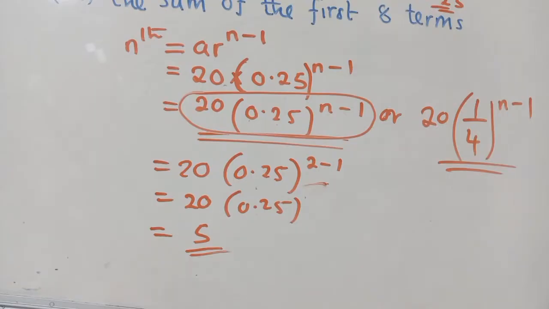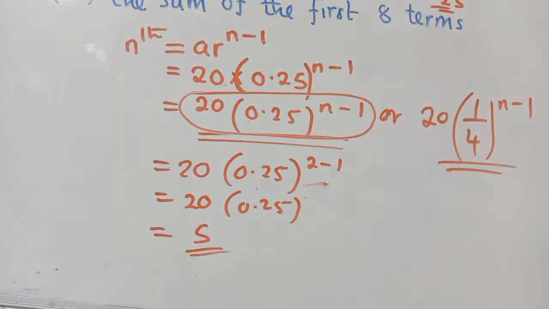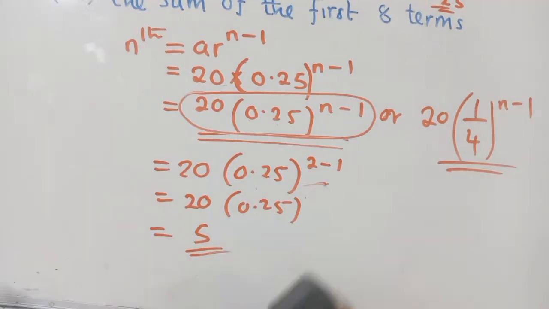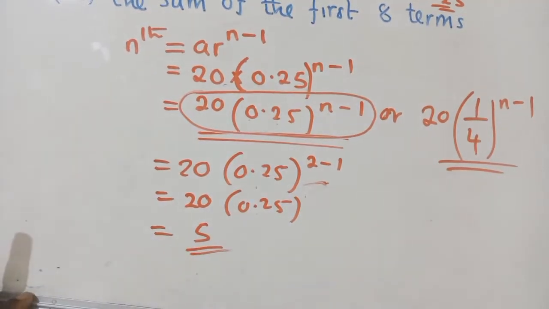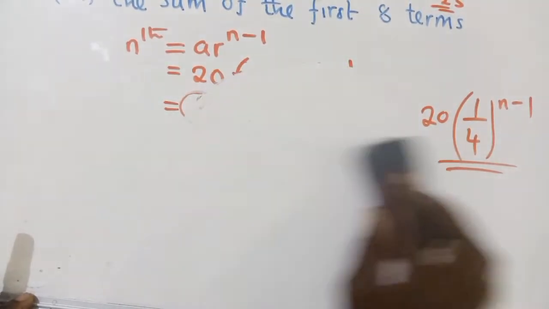Beatrice, you are saying we put this 20 at n. No, we are not supposed to put 20 at n. This 20 is the first term. It was just supposed to end here. Okay, Arnold, thank you very much for confirming that you've understood now. So I think we can progress.